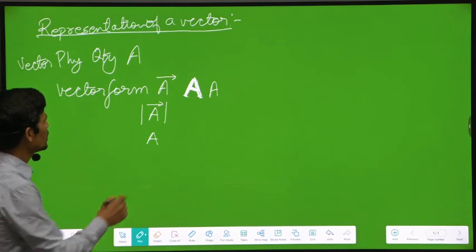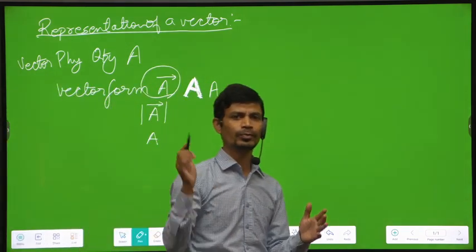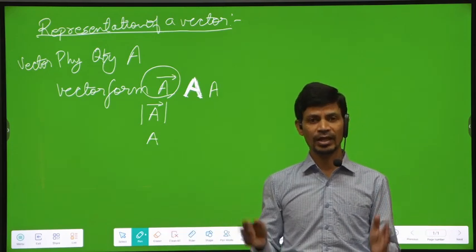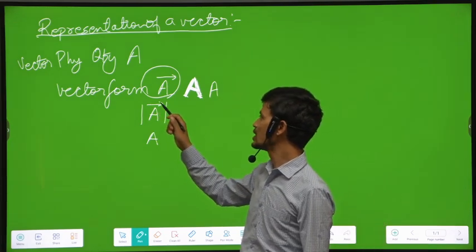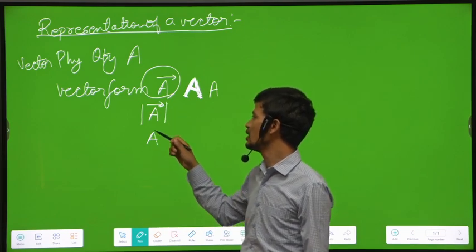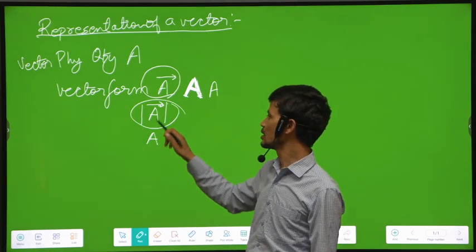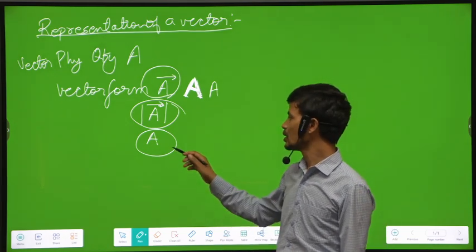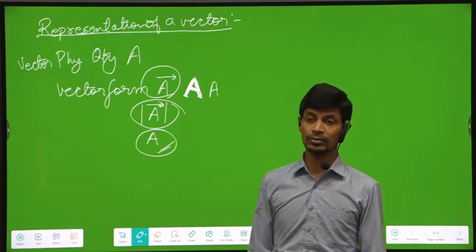If we want to show a vector form, we have to put an arrow over it, and if we are interested in its numeric value only, its magnitude only, then either we use the mod or we can directly remove that arrow. Both symbols are representations of magnitude, that is numeric value only. I prefer this, but keep this thing in your mind also.